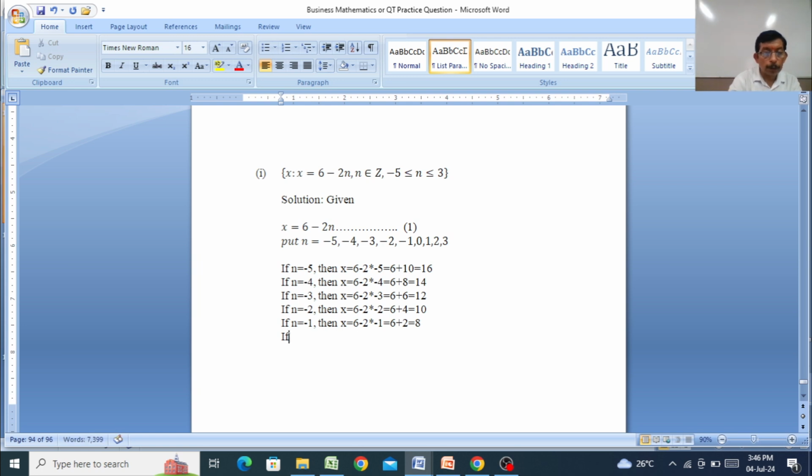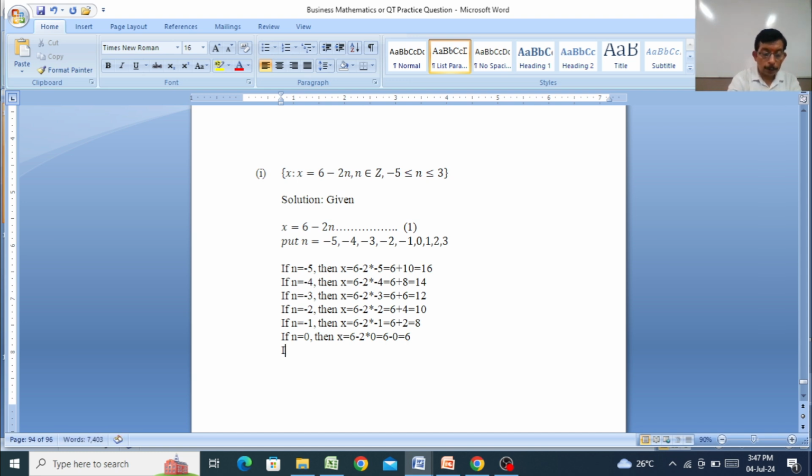If n is equal to 0, then x is equal to 6 minus 2 into 0 is equal to 6 minus 0 is equal to 6.